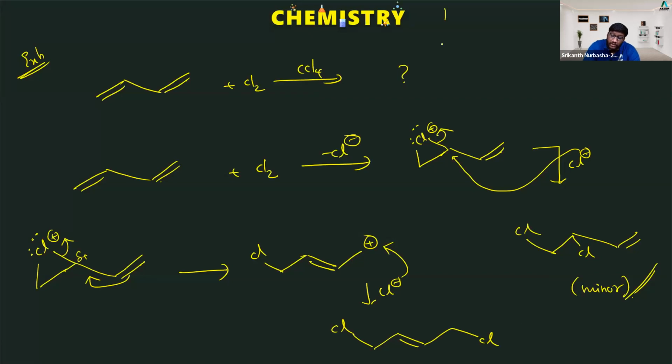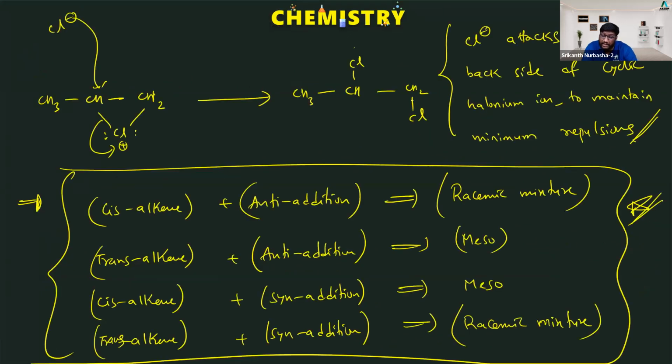Okay. So write down one point. In case of conjugated dienes, 1,4 addition occurs because earlier, whatever addition happened, that happened between two adjacent carbon atoms, that is 1,2 addition.